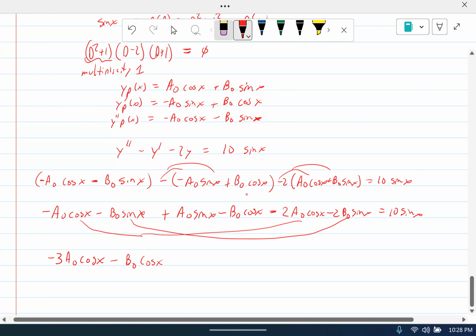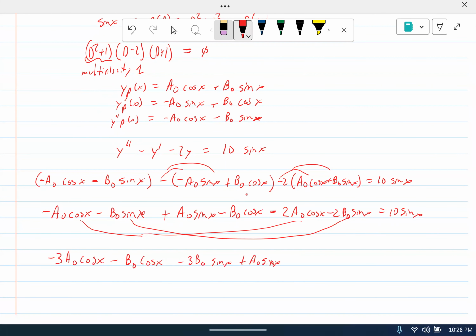Now let's deal with the signs. This is going to be negative 3 b naught sine x plus a naught sine x, is equal to 10 sine x.